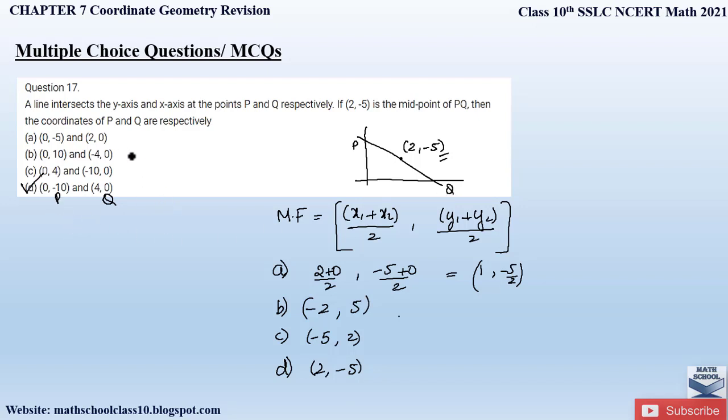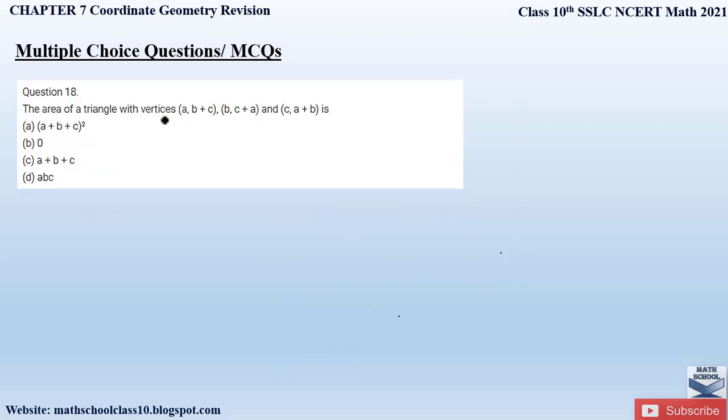So in this manner, by using the options, we can find out the coordinates of point P and point Q. Question number 18. The area of the triangle with vertices (A, B plus C), (B, C plus A), and (C, A plus B). So again, here we have to find out the area of the triangle by assuming these three coordinates. So we will take these coordinates as x1, y1, x2, y2, and x3, y3.